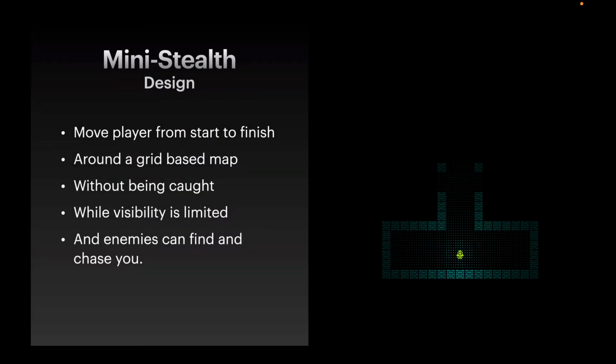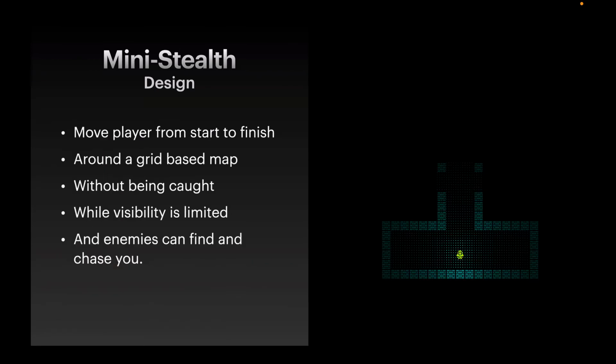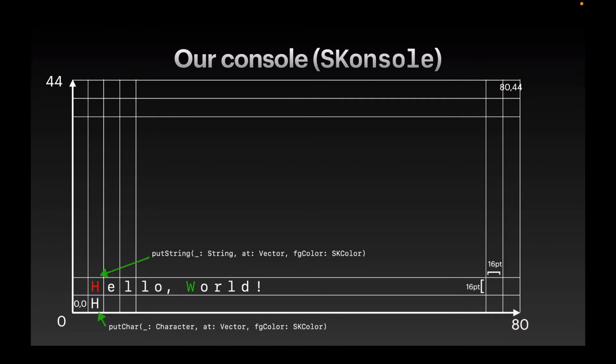We'll include everything you saw, like the field of vision, the audio effects, and so on. We're going to be using a sort of character-like display that divides our screen up into different cells.